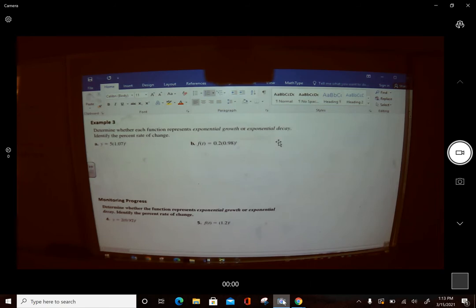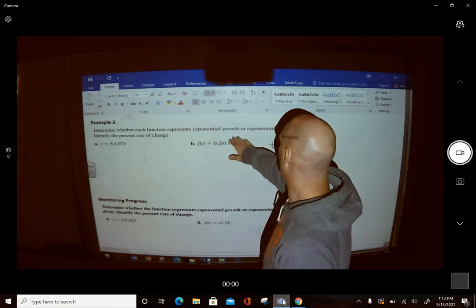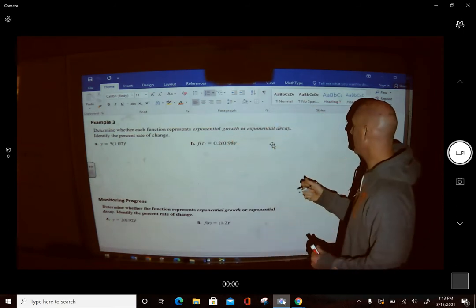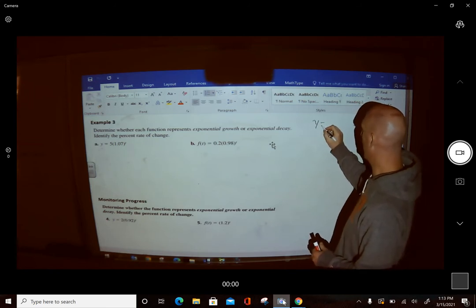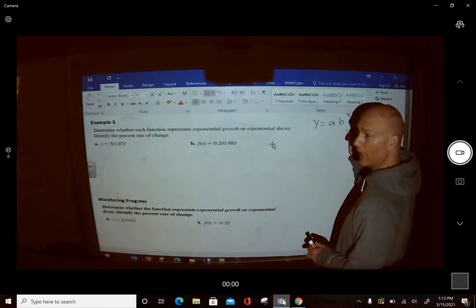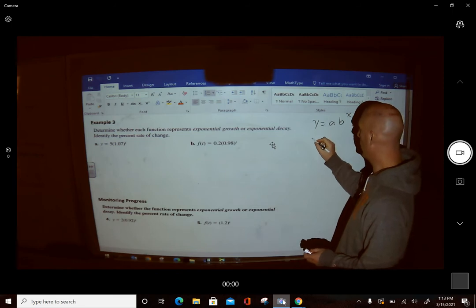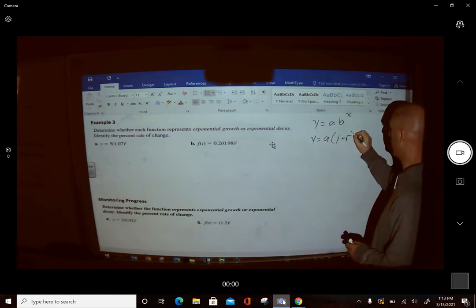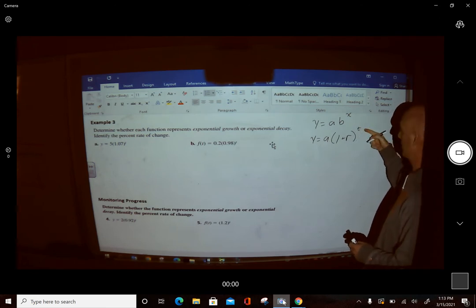And now we are looking at it. Is it going to be growth or exponential decay? So remember, we always have our function y equals a times b to the x. And when it's growth, it's y equals a outside of 1 plus the rate to the t, which is x, just the time.